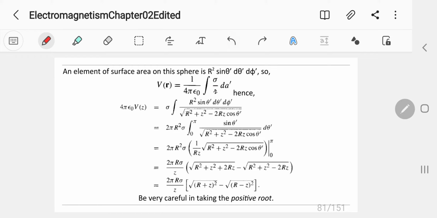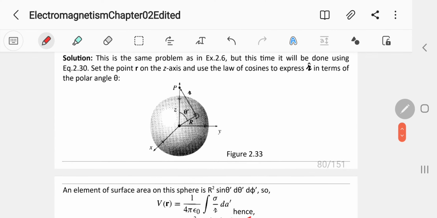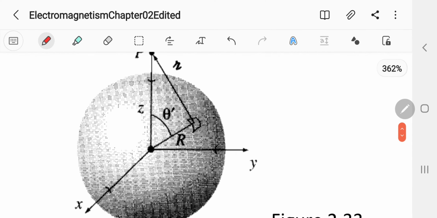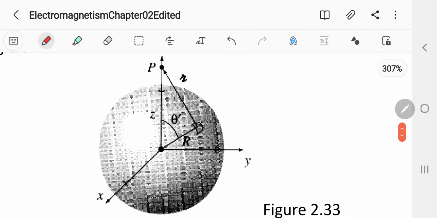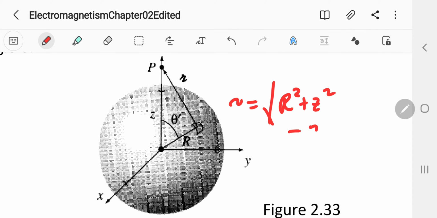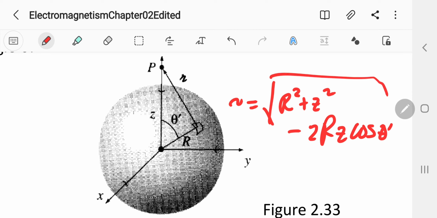And so your dA would be this one, and your scripted R, using the cosine law, would just be equal to the square root of R squared plus z squared minus 2Rz cosine of theta prime.